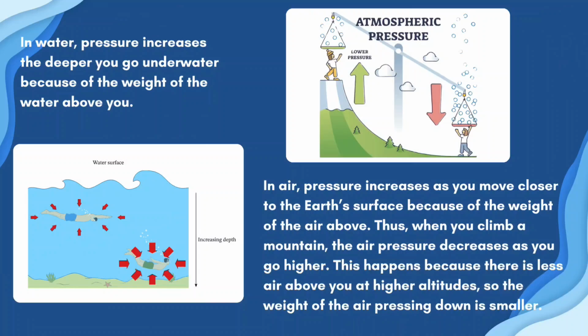For example, in water, pressure increases the deeper you go underwater because of the weight of the water above you. Similarly, in air, pressure increases as you move closer to the Earth's surface because of the weight of the air above. For example, when you climb the mountain, the air pressure decreases as you go higher.